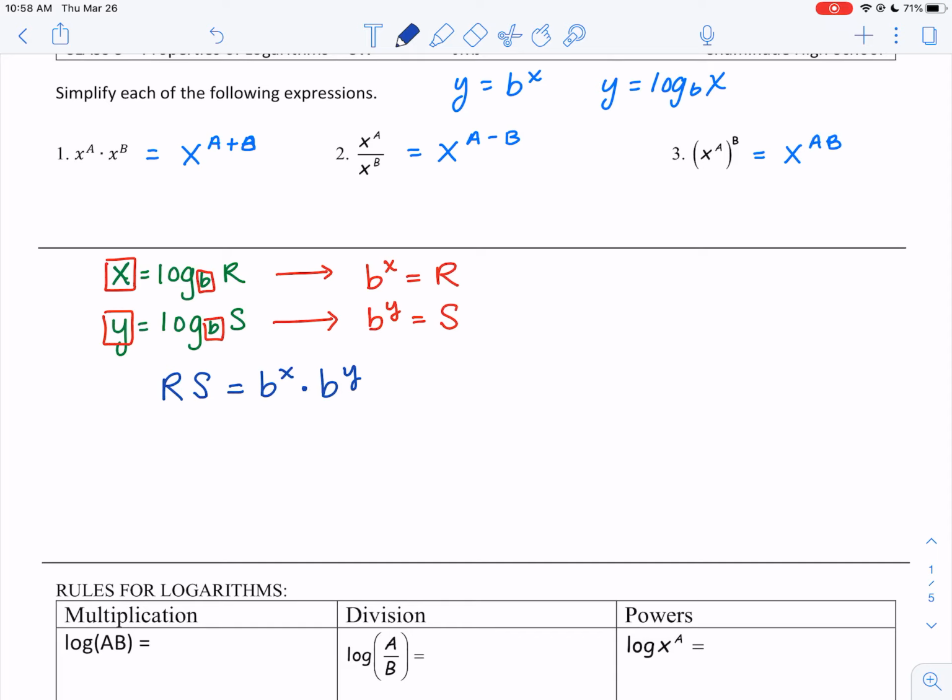Notice both of these bases are the same, so we can write it as b to the x plus y. Note, this is still an exponential equation. Our base here is b, our exponent is x plus y, and it's going to equal rs, or r times s.